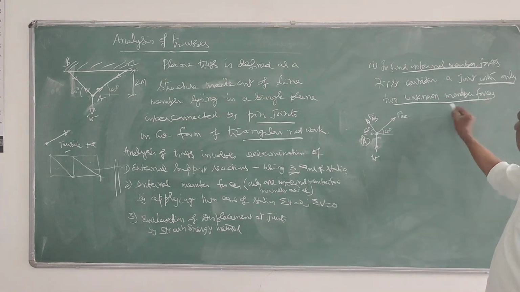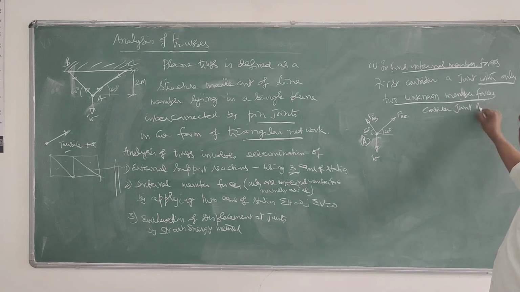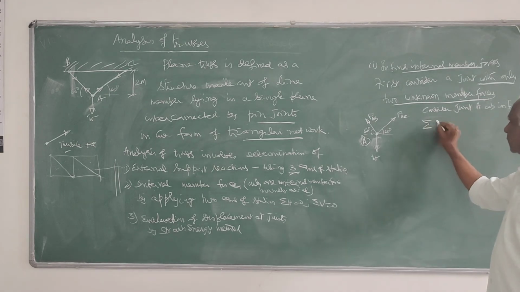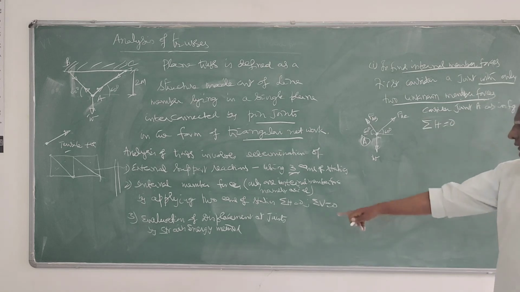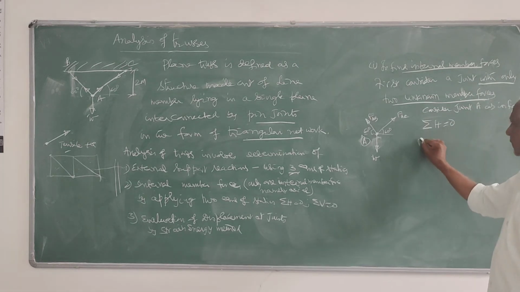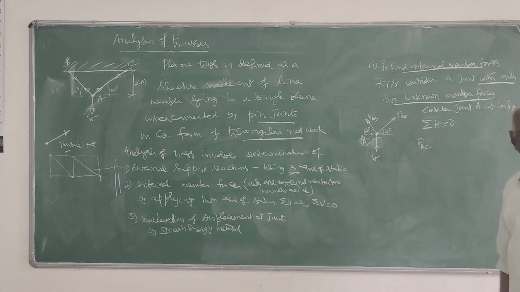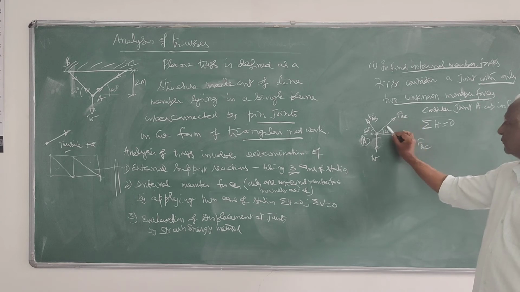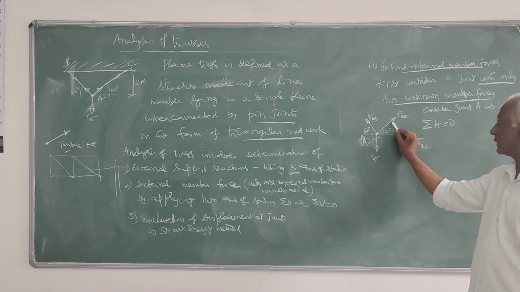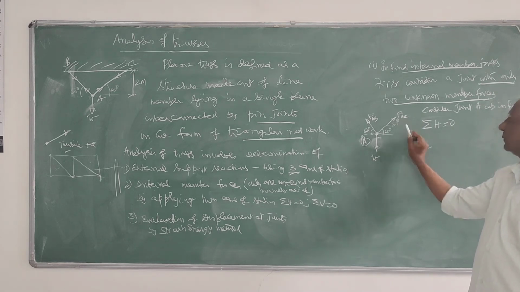So here you consider joint A as in the figure. The free body diagram of joint A is as in the figure, then apply two equations of equilibrium. Sigma H equals 0, you will get FAC. You resolve horizontally and vertically. If you resolve horizontally, it will be like this; if you resolve vertically, it will be like that.